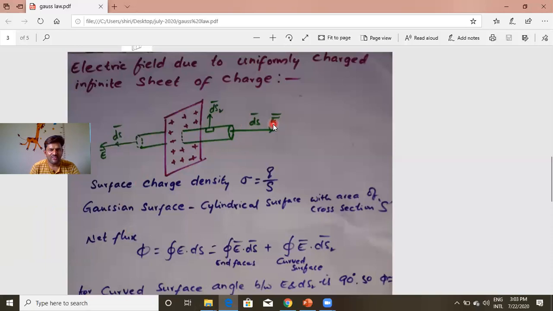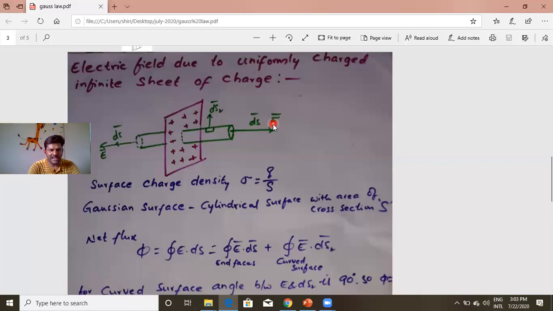A cylindrical surface with area of cross section. If we cut the cylinder anywhere, we get the area of cross section. The end face area, cross section area, whatever you say, it is the same. We are considering a cylinder like this, on both sides.